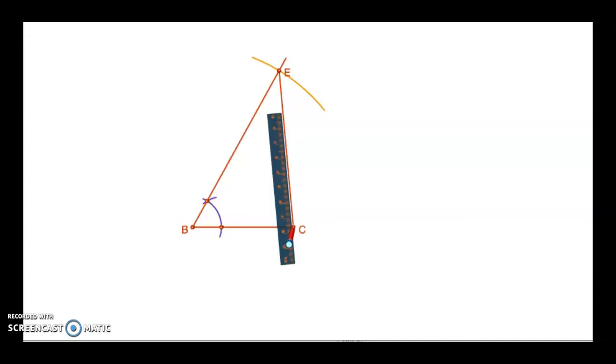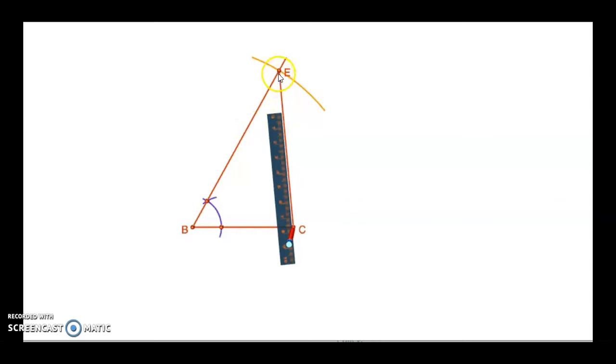Of course, the base angle is 60 degrees, but this is not the required triangle because what we have drawn as this side is the sum of the two sides. It's not one of the sides of the required triangle. It is the sum of the two sides.